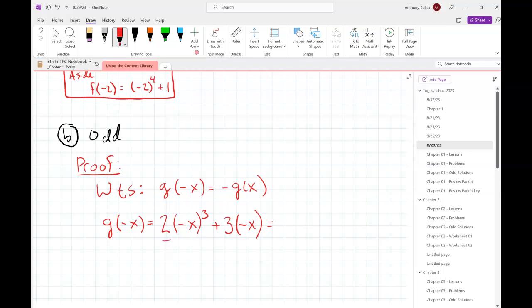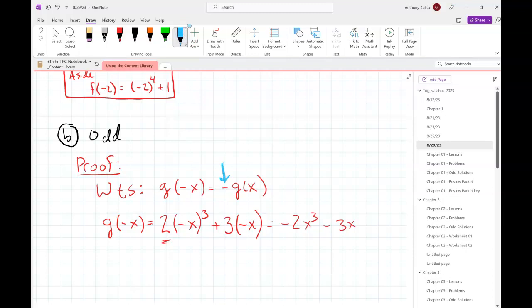When I multiply it by the 2 out front, I'd have negative 2x to the third. Everybody's okay there? When I do 3 times negative x, what do I get? Negative 3x. So far, so good.